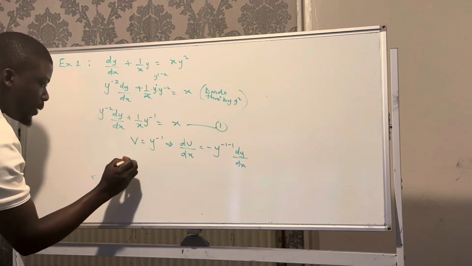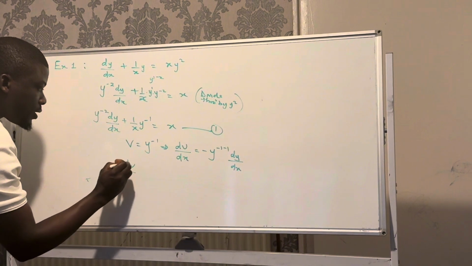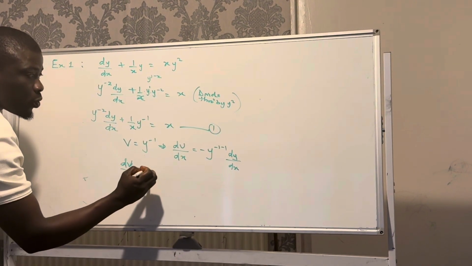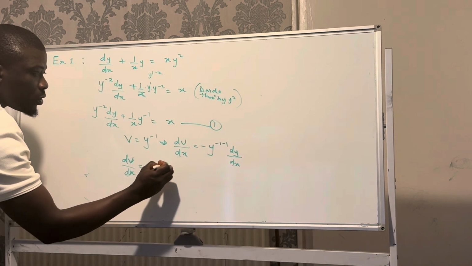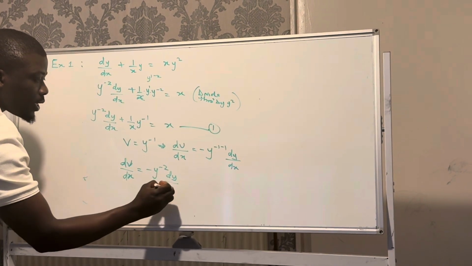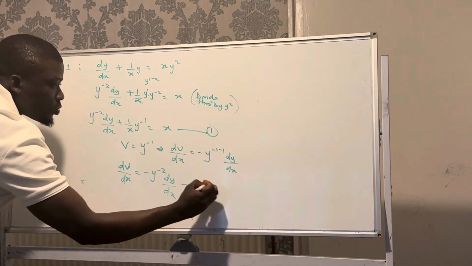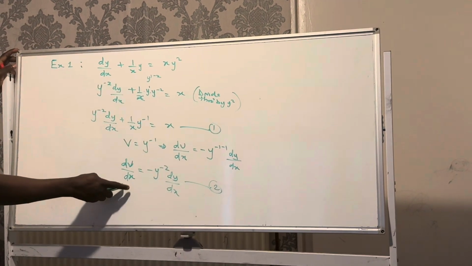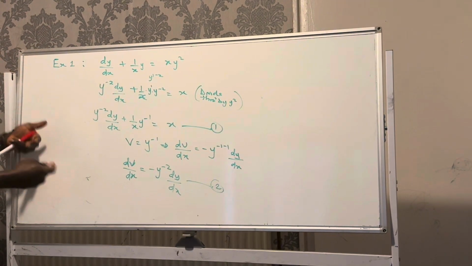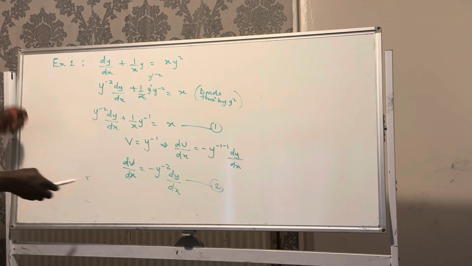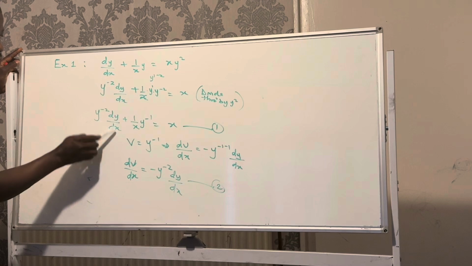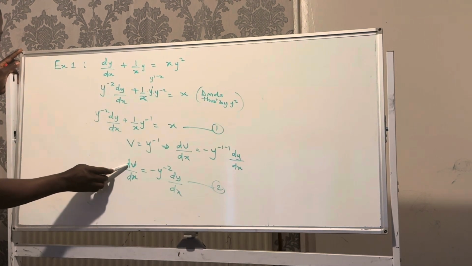And my dv/ds will be equal to minus y raised to power minus 2 dy/ds. Let me call this equation 2. Now, if you look at equation 2, it has been simplified in such a way that we can denote the whole of y raised to power minus 2 dy/ds as dv/ds.